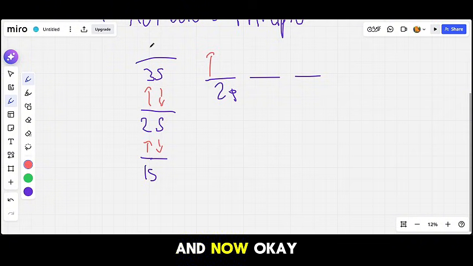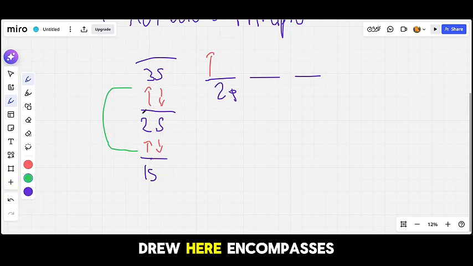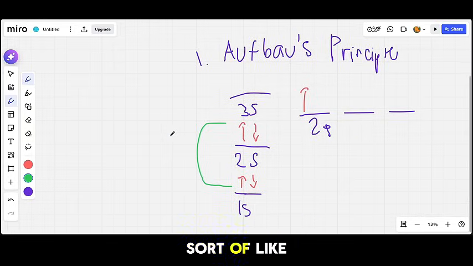This whole thing that we drew here encompasses the basic gist of the Aufbau principle: you have to put two arrows first, one up and one down, before you move up on the energy levels.